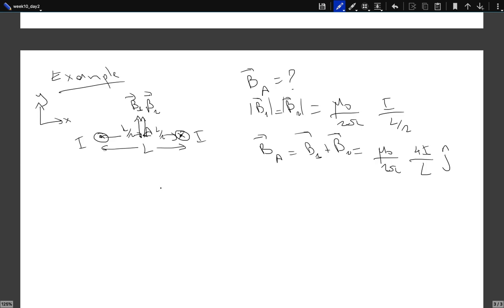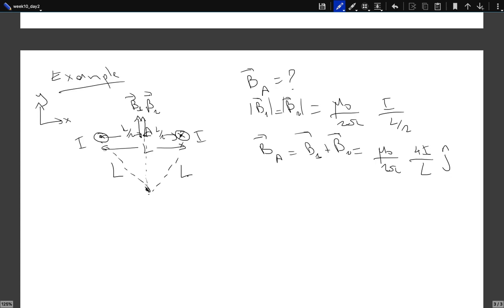Well, let me choose another point over here, somewhere over there, at a distance, let's also call that L. Now what will be the magnetic field over there? Again we will have to calculate the magnetic field created by this current and the magnetic field created by the other current and just sum them vectorially.